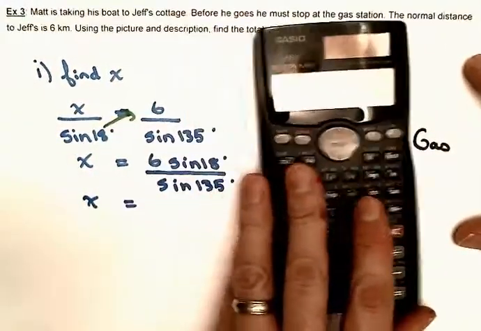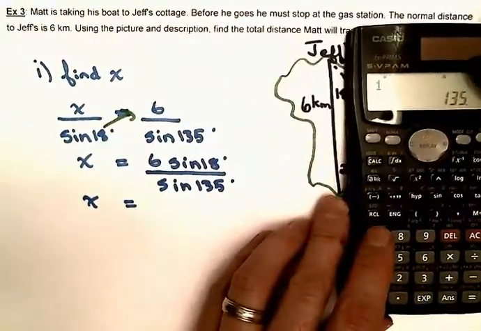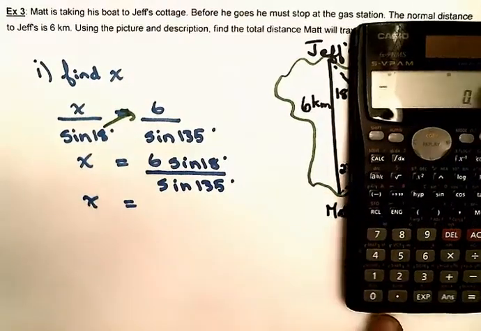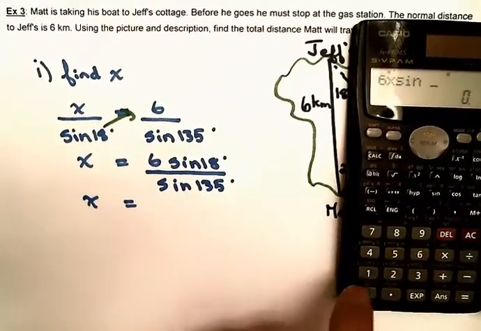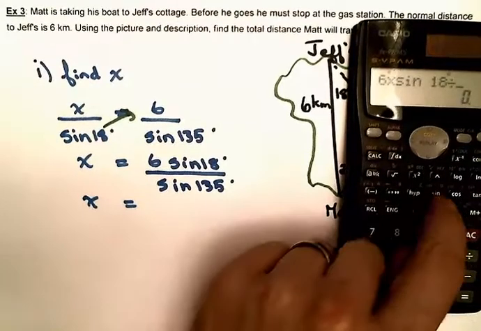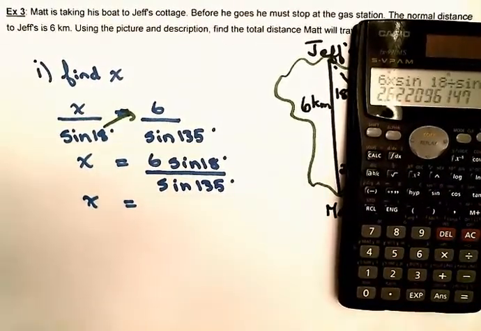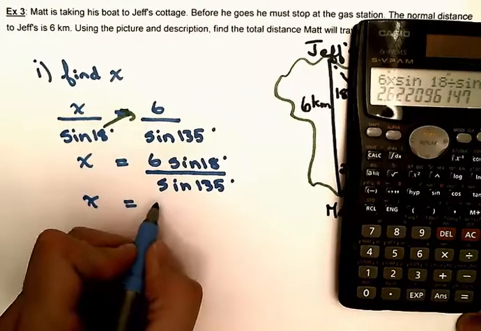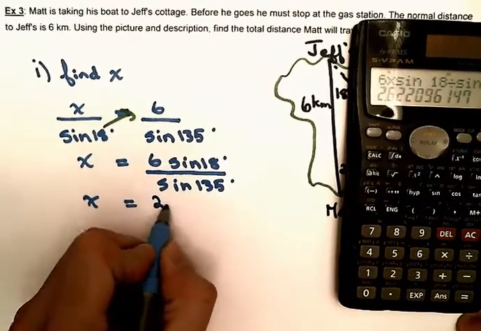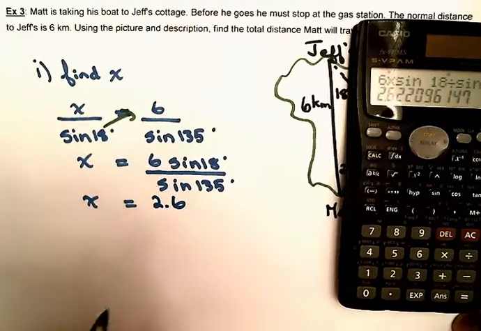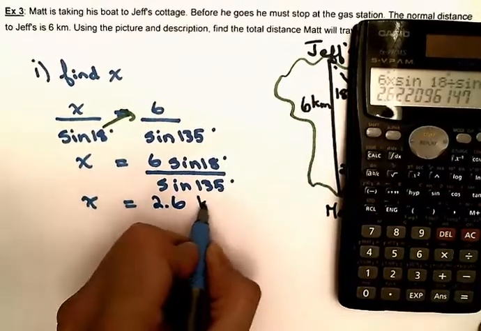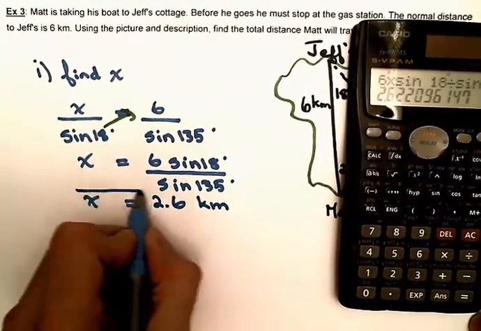Okay, so let's do it. 6 times sine 18 divided by sine 135. End up getting 2.6. So that's 2.6. And in this case, it's kilometers. Great, so we have one distance.